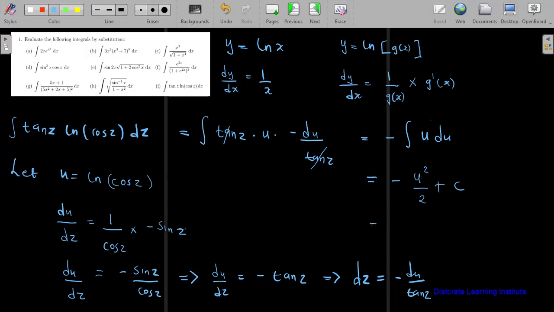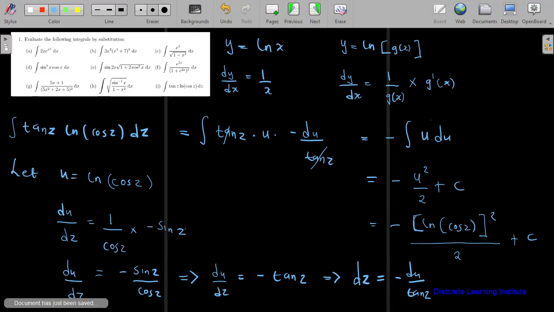Then replacing back our u, it is negative, open brackets, ln cos z, close brackets, to the power 2 over 2, plus c. So that's my final solution. That's how you use integration by u substitution.